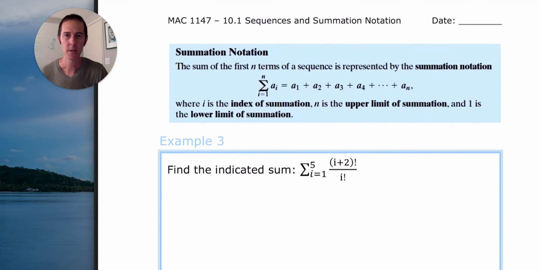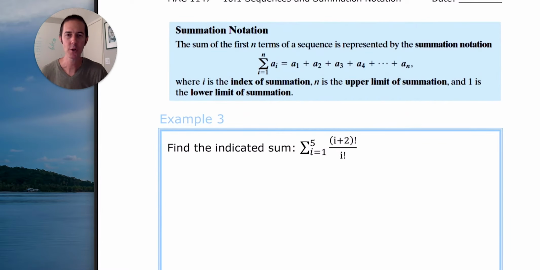The next little subtopic in this section is summation notation. What this allows us to do is to add together all of the terms of a particular sequence. And actually, sometimes it's not all the terms of a sequence. Sometimes it's just specific terms within a given sequence.